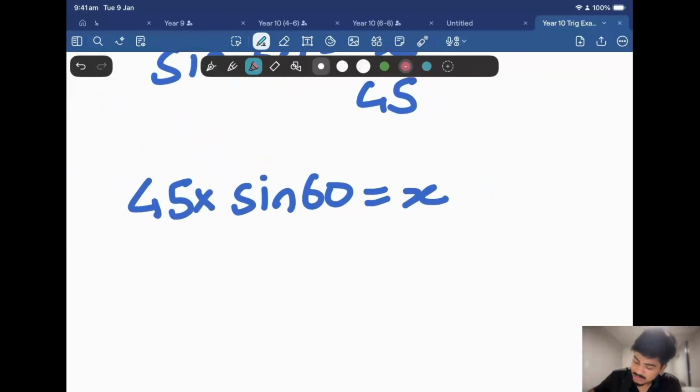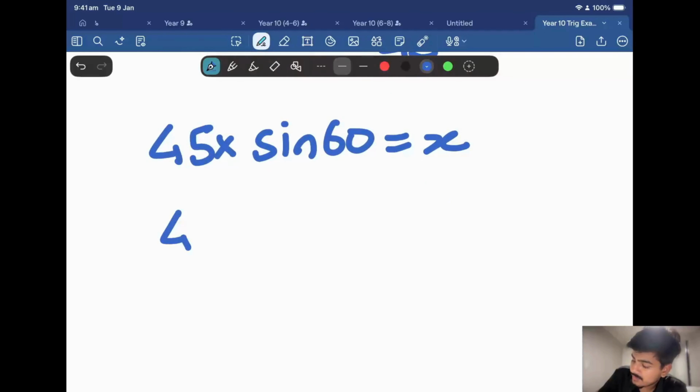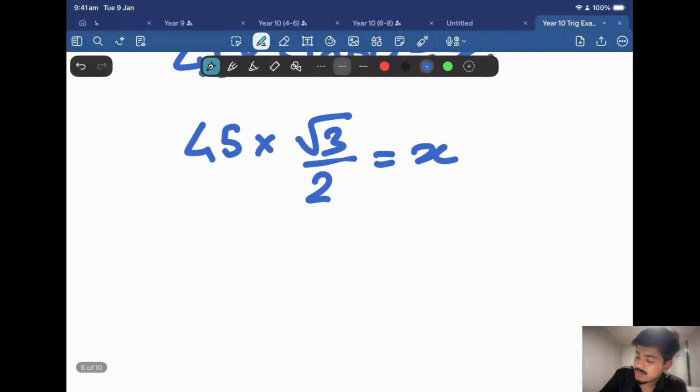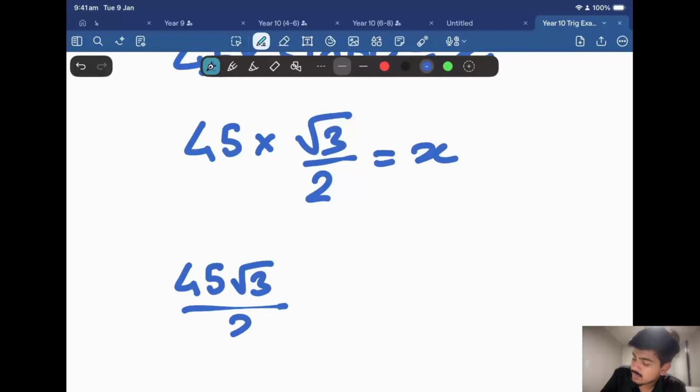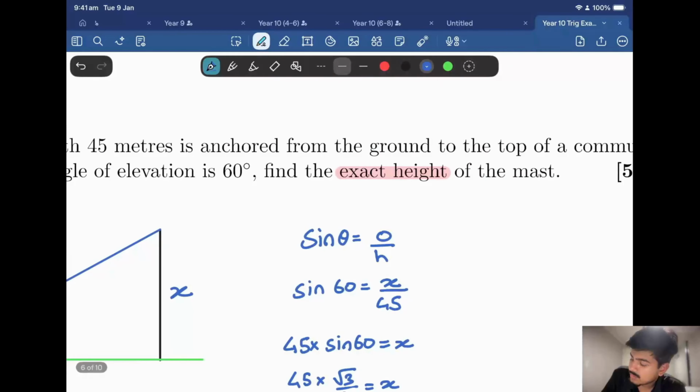If you know your exact ratios, you should know that sine 60 is square root of 3 over 2. So you just do 45 times square root of 3 over 2 is equal to x. You can simply write your answer as 45 root 3 over 2 meters.